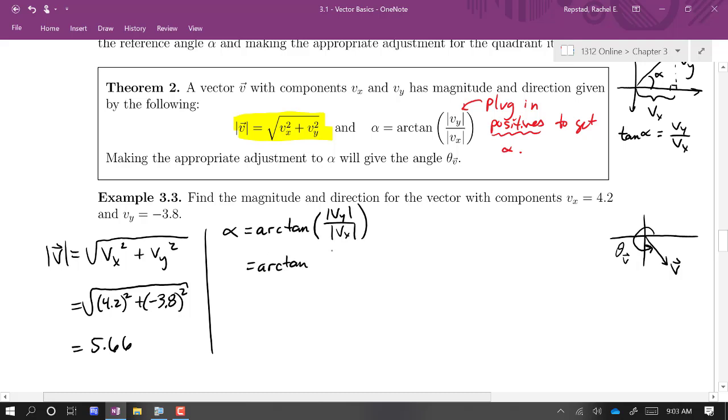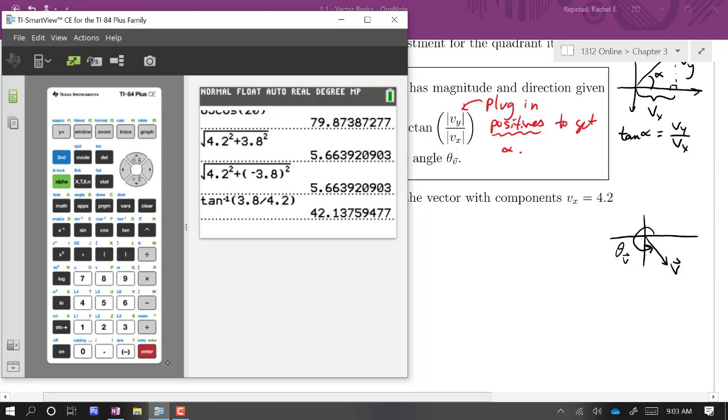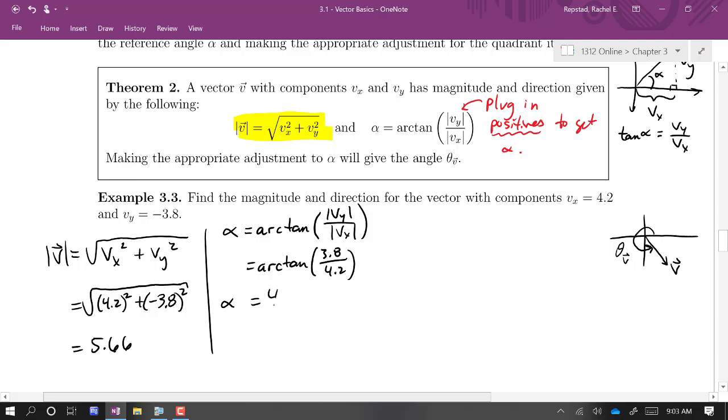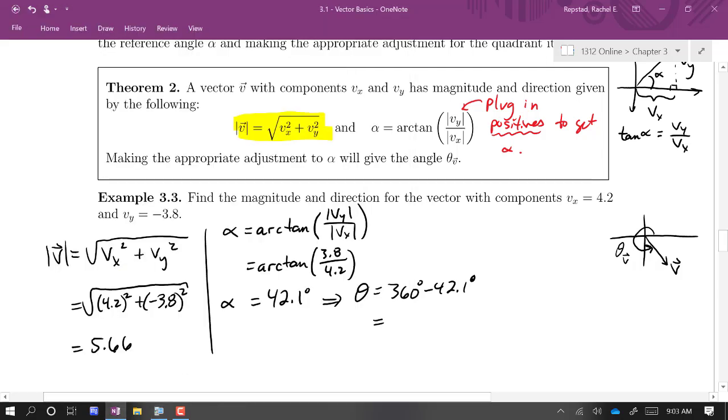So arctan of 3.8 over 4.2 is 42.1 degrees, and that means that the angle we want, since it's in the fourth quadrant, is 360 minus 42.1 degrees. And that's 317.9 degrees.